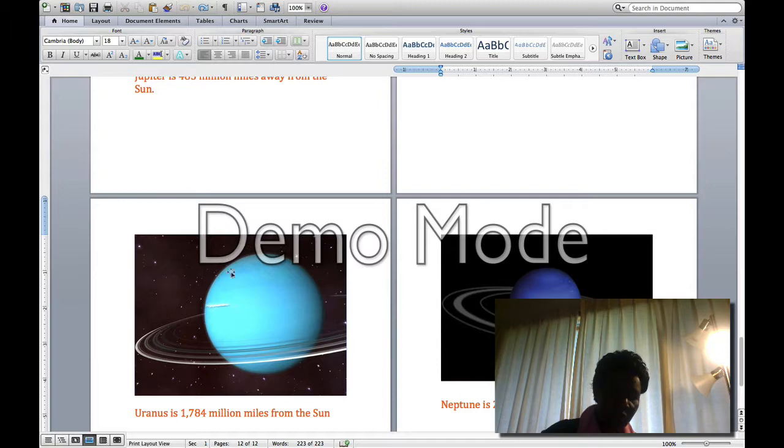Uranus also has rings, and it is 1,784 million miles from the sun. Then we have Neptune. Our last planet is Neptune, and it is 2,794 million miles away from the sun.